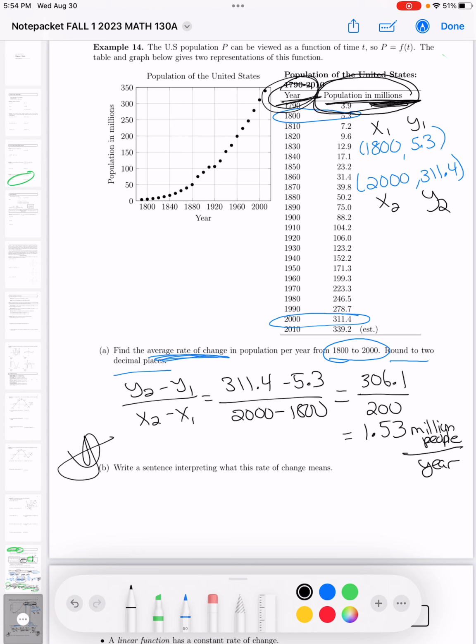So I could say something like, actually, I'm going to start with "on average" again. I forgot that when I was starting the last one.